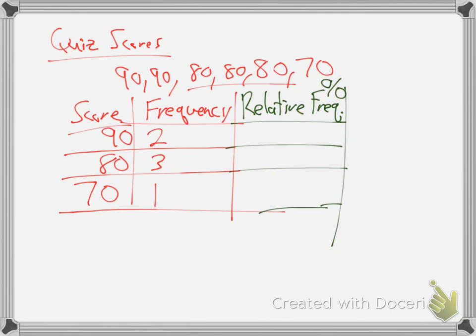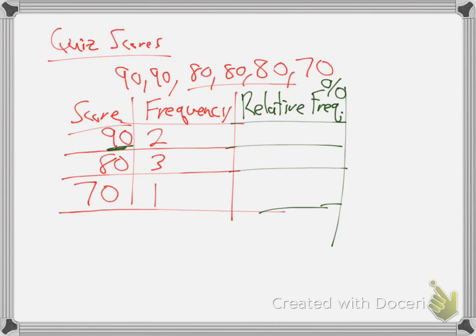So in other words, what percent of all the scores were in the 90s? That's what we're going to figure out. We're going to find out what percentage of the scores were in the 90s, 80s, and 70s. That's what relative means, with relationship to all the scores. So you tell me, there were 2 90s out of how many total scores?